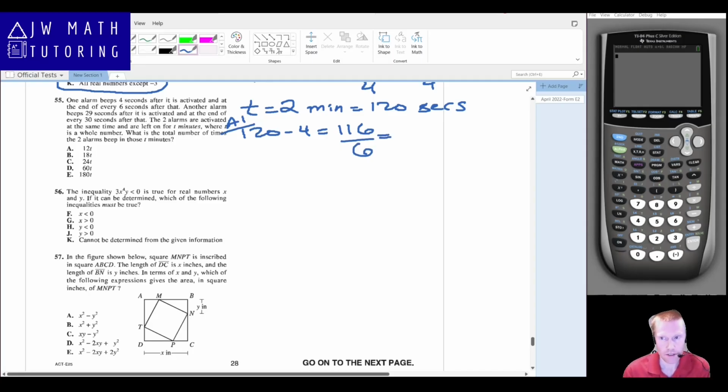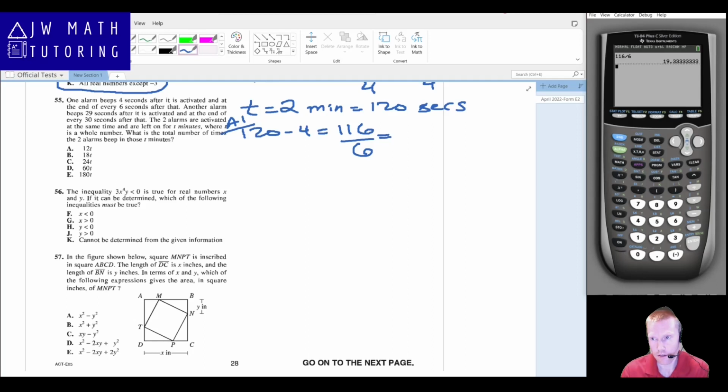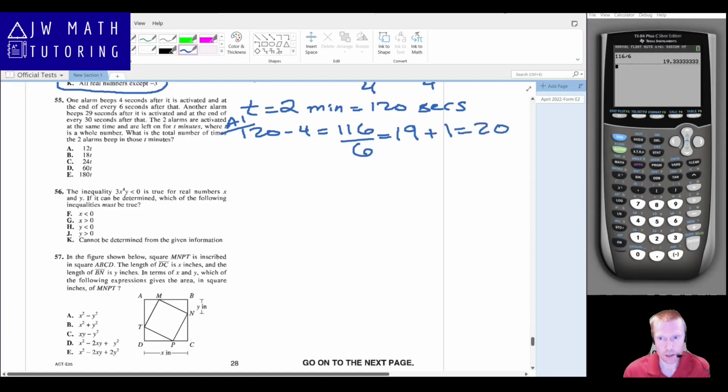When you do that, and we'll just do it on the calculator over here, it's going to beep 19 more times. So in other words, it beeps once after 4 seconds, and then in the remaining 116 seconds, there are 19 more beeps. So that means for alarm 1, we have the 19 plus the 1 equals 20 total beeps.